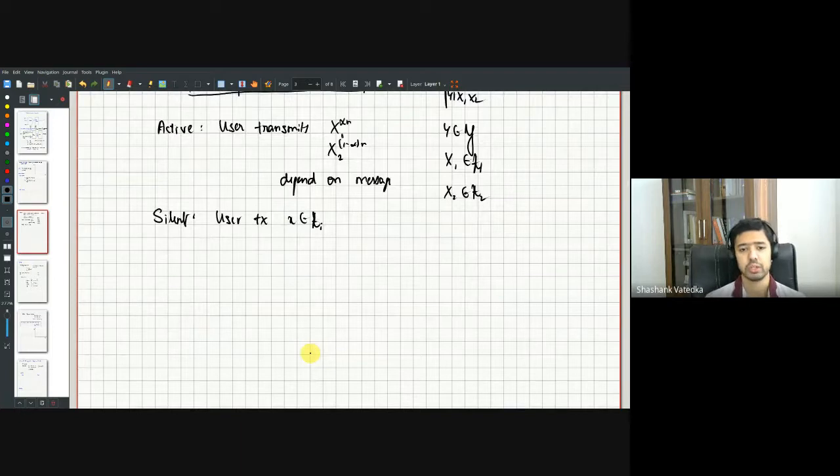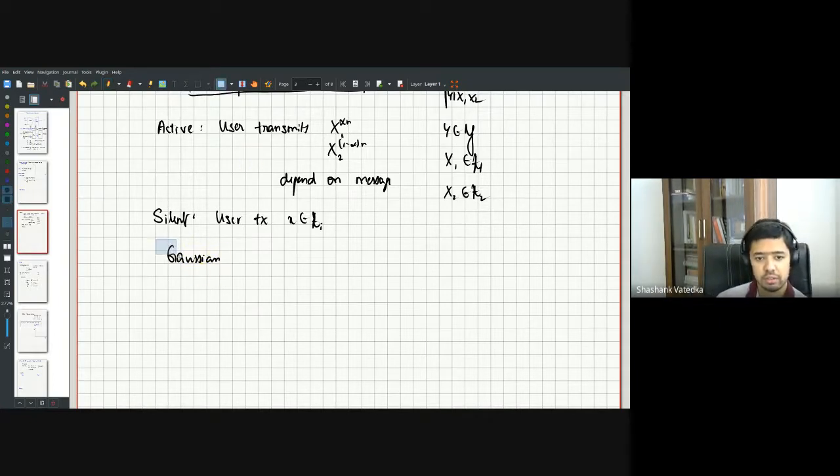It is known to user 1, to user 2, and to the receiver, and it's decided beforehand. For example, let us consider the Gaussian MAC, or the additive MAC, as we've seen earlier. It doesn't have to be Gaussian.